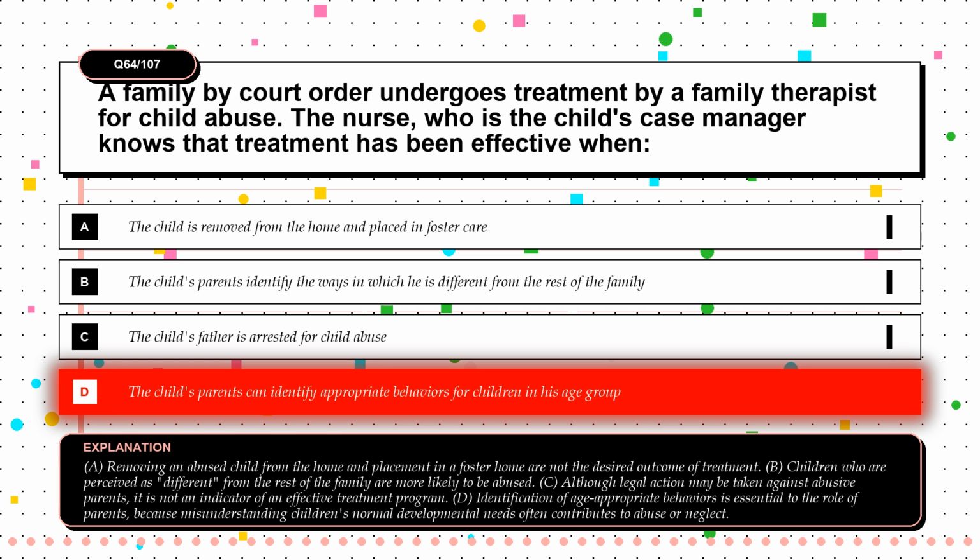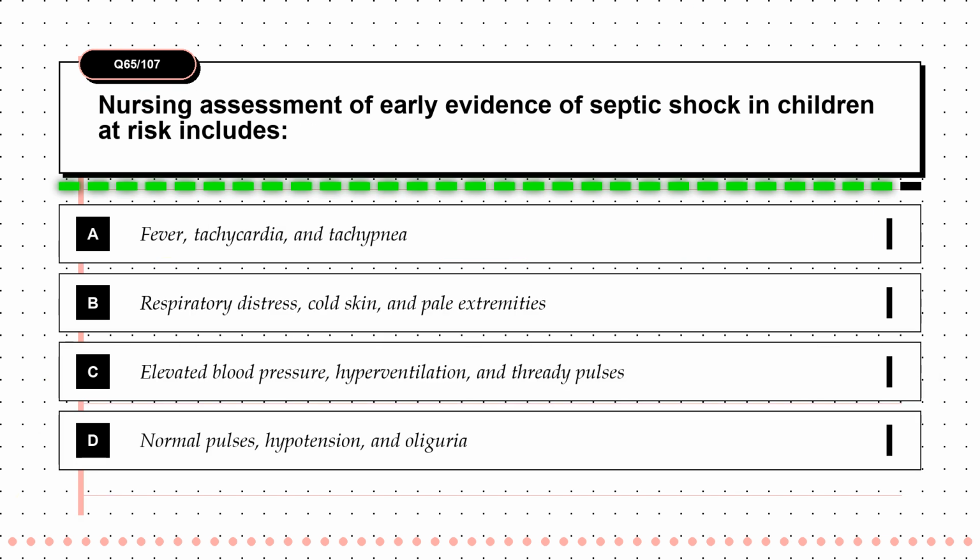C. Although legal action may be taken against abusive parents, it is not an indicator of an effective treatment program. D. Identification of age-appropriate behaviors is essential to the role of parents, because misunderstanding children's normal developmental needs often contributes to abuse or neglect.